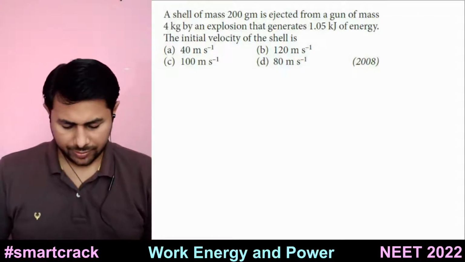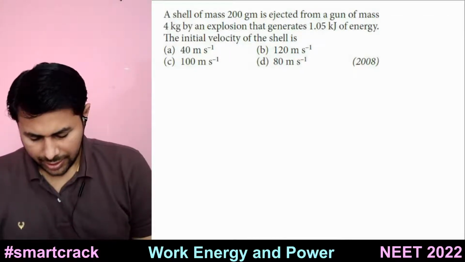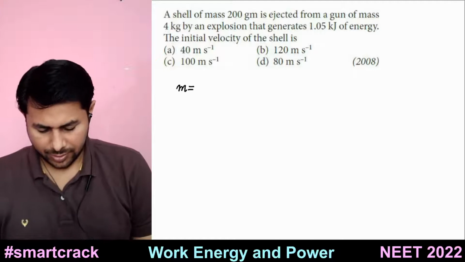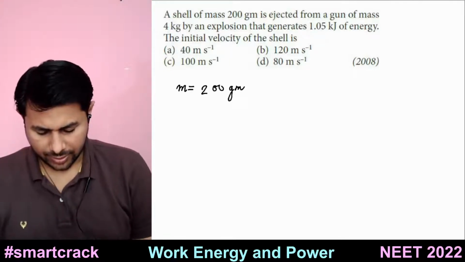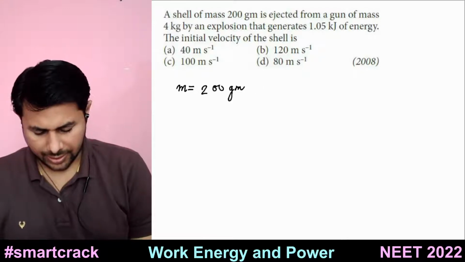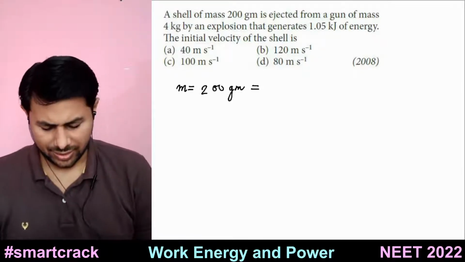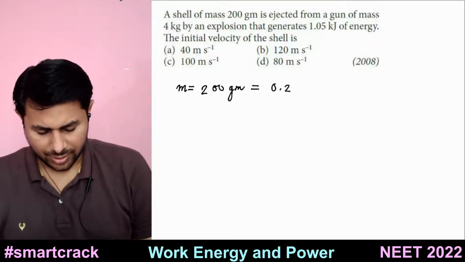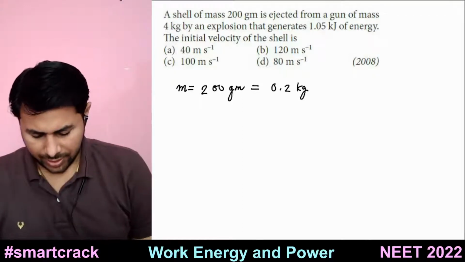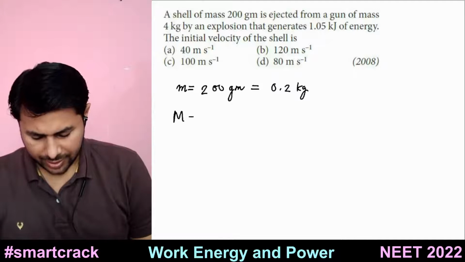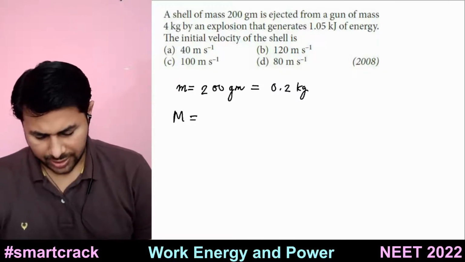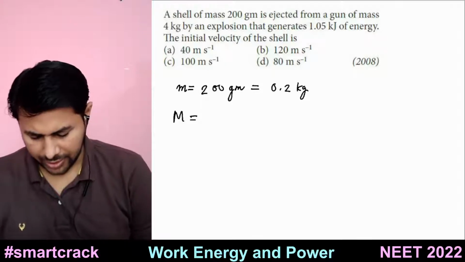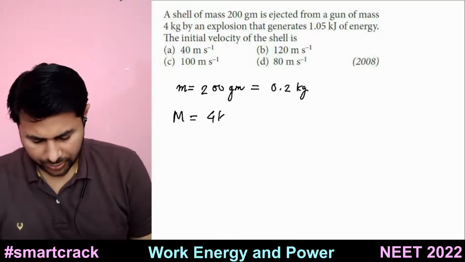Suppose m is the mass of the shell, 200 gram, or 200 into 10 raised to minus 3, or 0.2 kilograms. The mass of the gun, let's write it by capital M, is 4 kg.